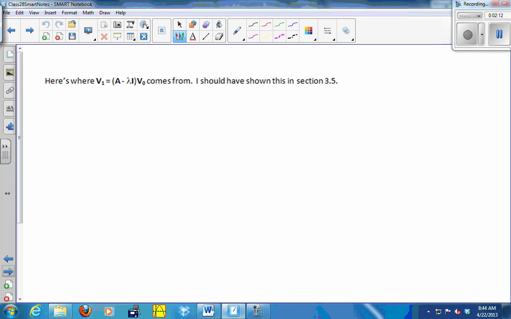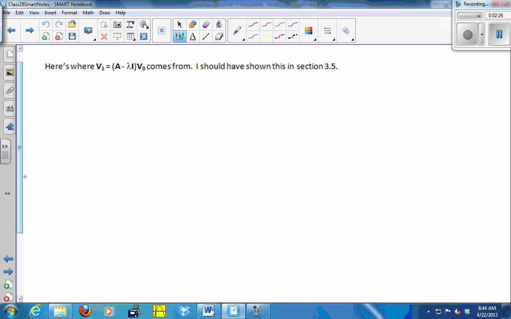So here's where this A minus lambda I v naught comes from. We should have done this in section 3.5. I should have shown it to you. Instead, I just said this is how you get v1. But here's the reason.